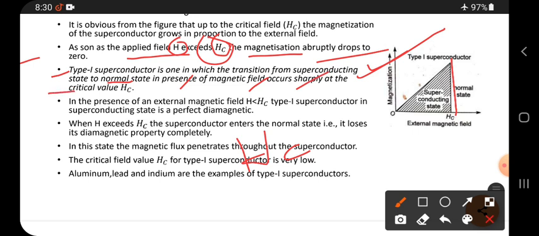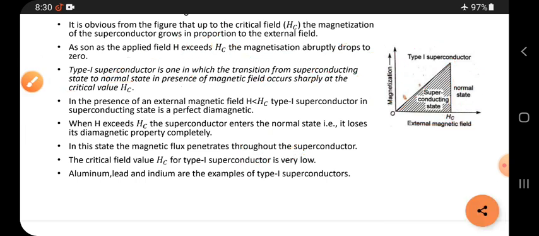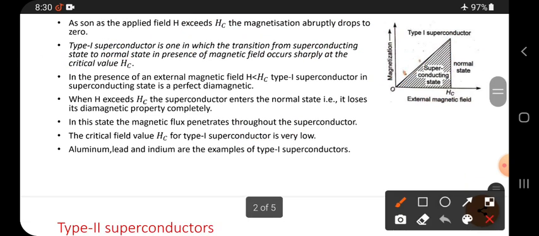As the magnetic field increases, the magnetization also slowly increases, and at a particular magnetic field the superconducting property suddenly vanishes, the magnetization suddenly becomes zero. Then we can simply say it has converted into the normal state in the presence of the external applied magnetic field.